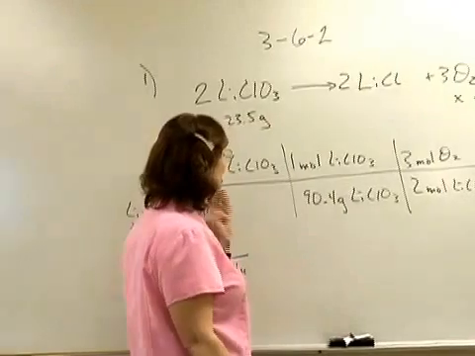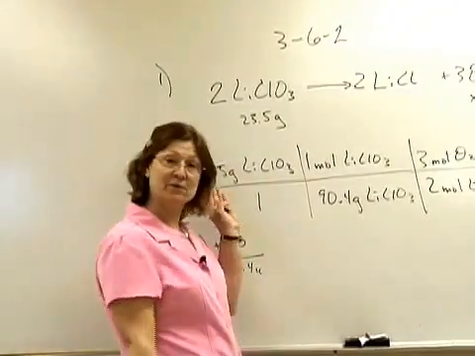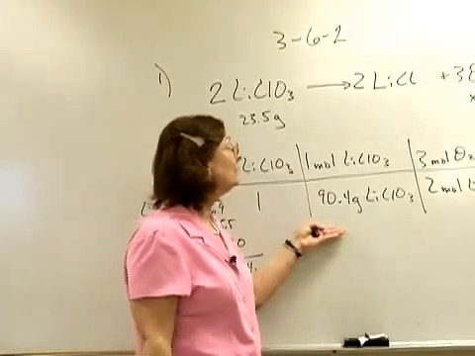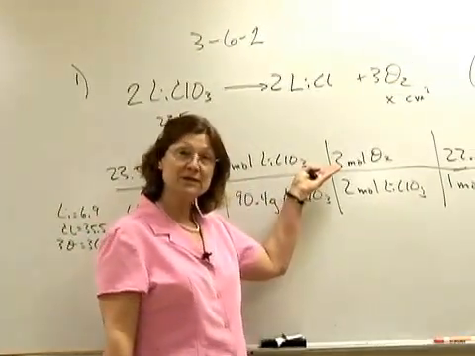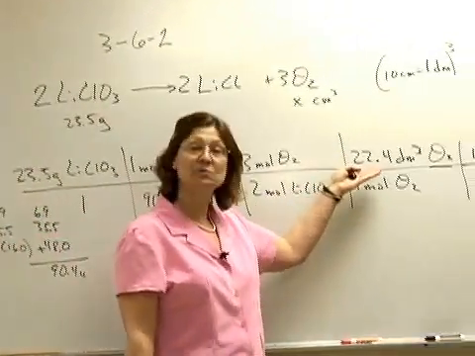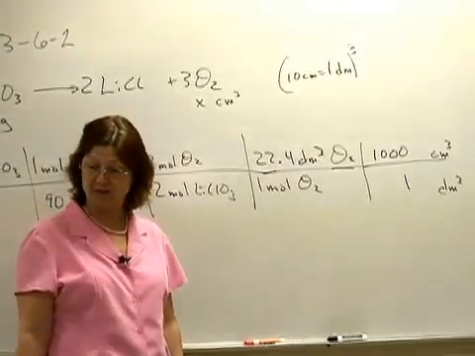Now remember, when I do a problem like this, I take the 23.5 grams divided by 90.4 equals, times 3 equals, divided by 2 equals, times 22.4 equals, times 1,000 equals.